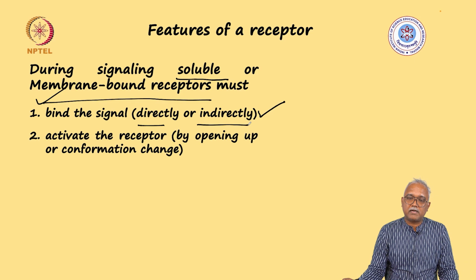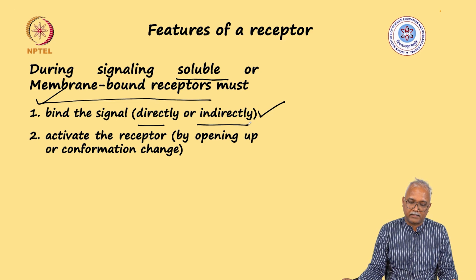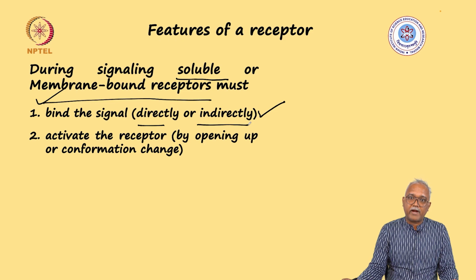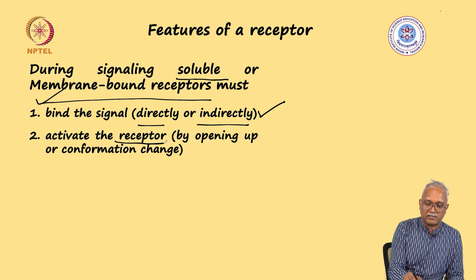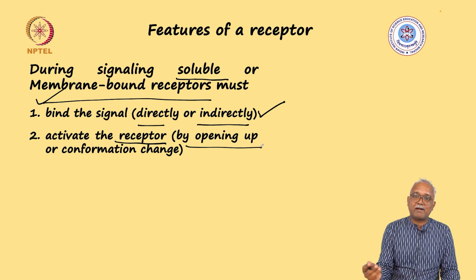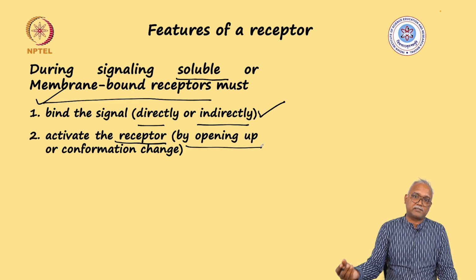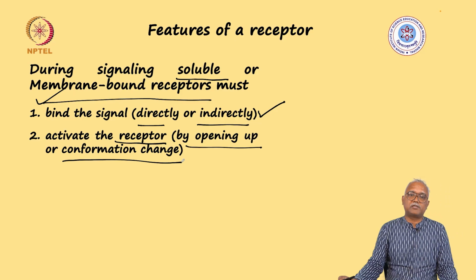The second aspect is that once the receptor has bound to the signal, it must activate the process of signaling. Here, more often than not, activation is associated with the receptor itself, where it either opens up so that the extracellular environment message is conveyed to the intracellular system, or it undergoes a conformational change.